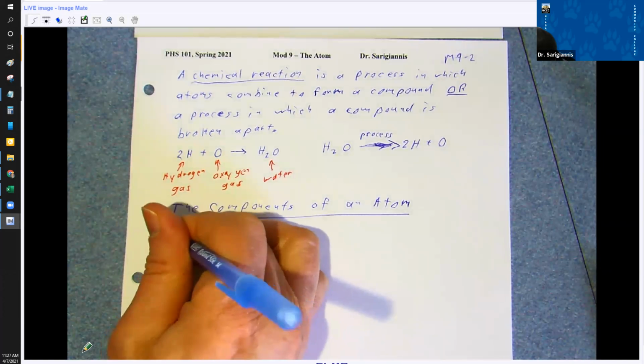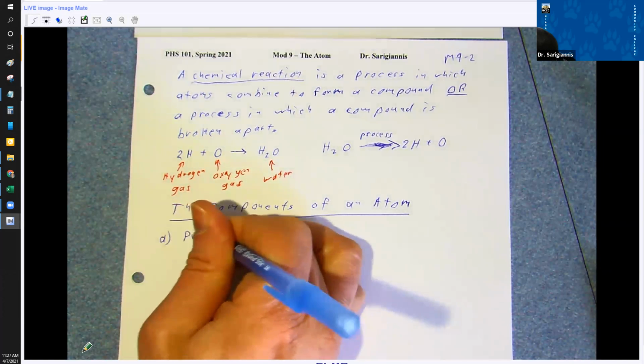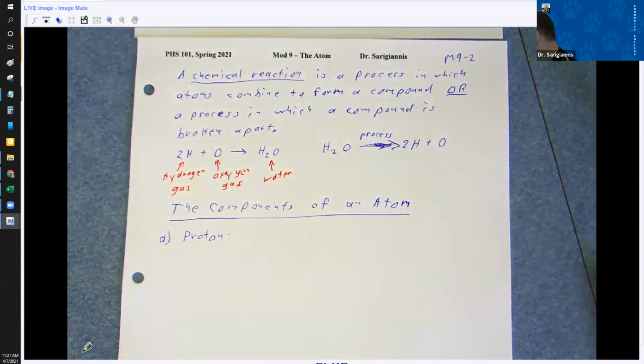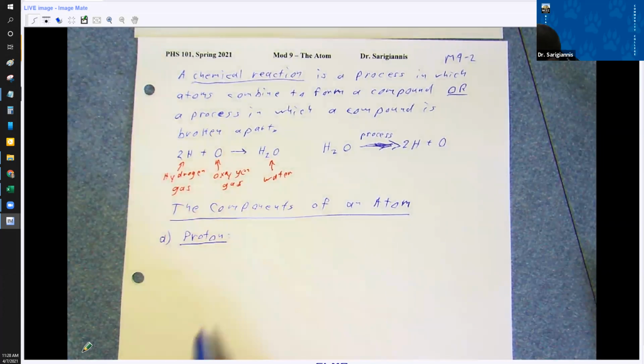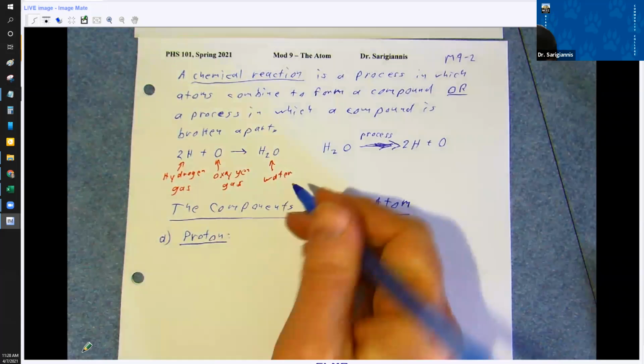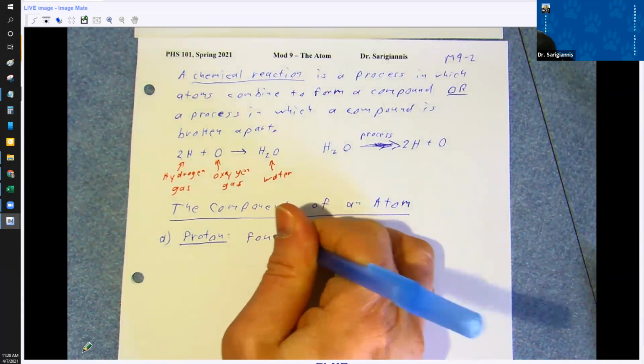Let's start with the proton. I'll underline that. Proton. This is found in the nucleus of the atom.